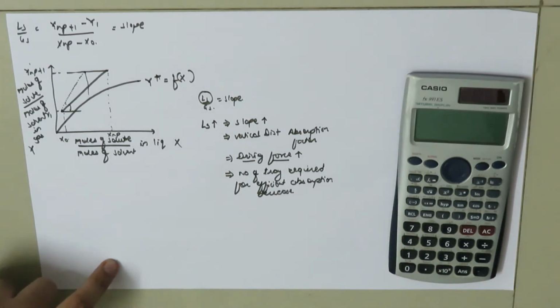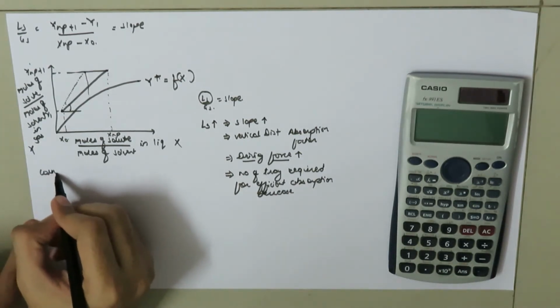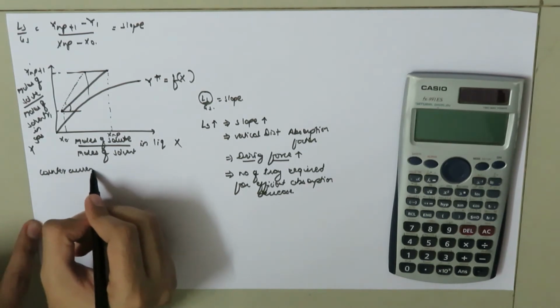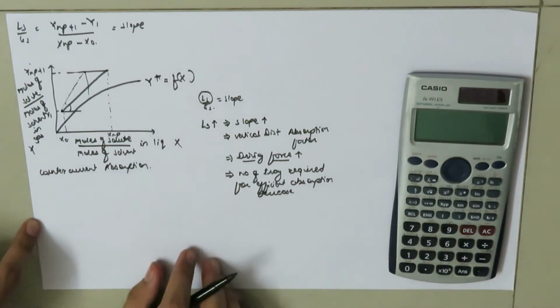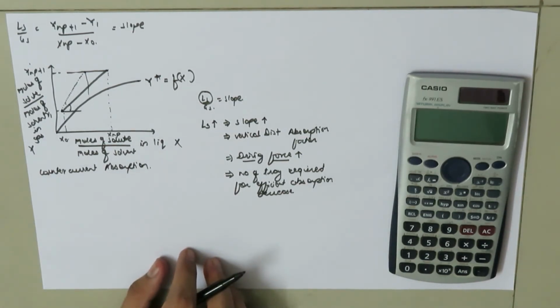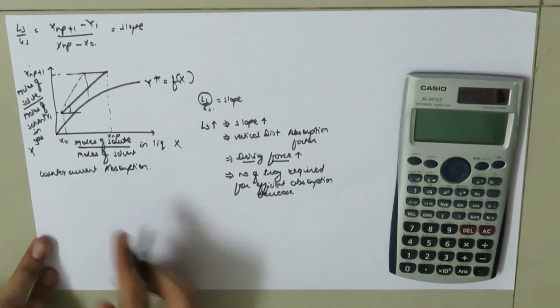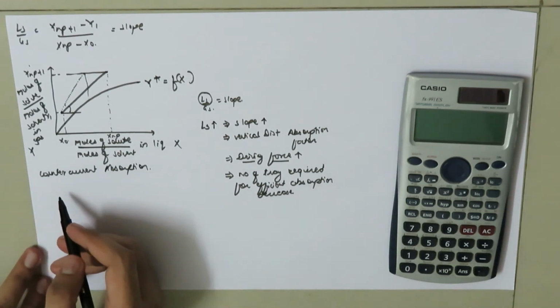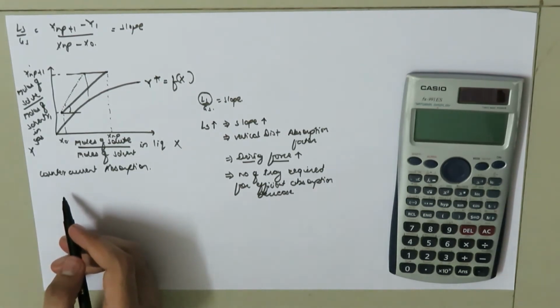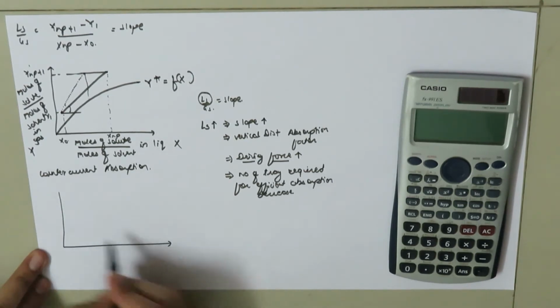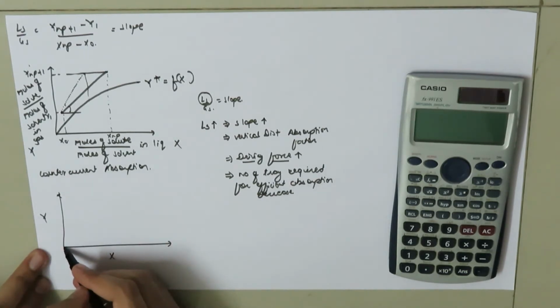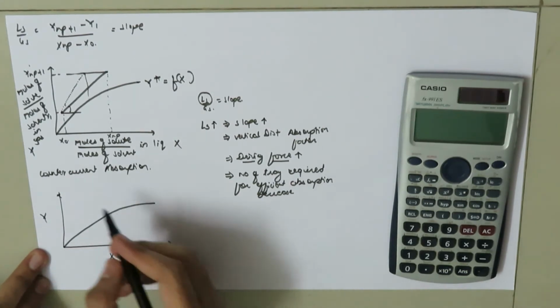And here this is the graphical representation for countercurrent absorption. Now if we need to find the Ls by Gs minimum, we draw the graph, this is capital X, this is capital Y, and this is our equilibrium line.